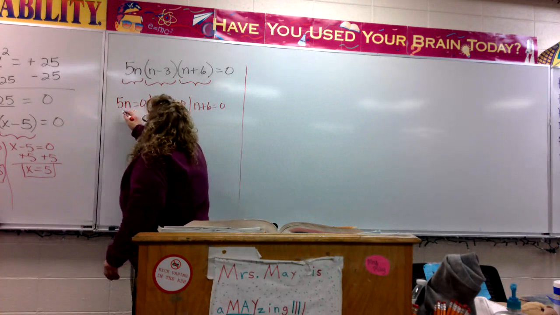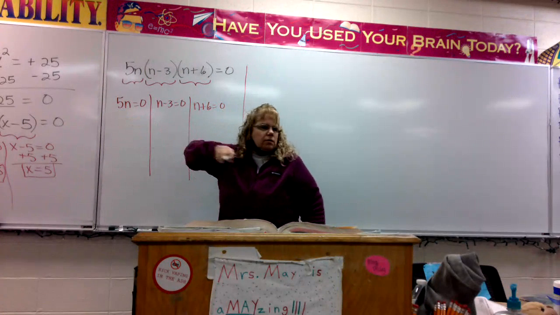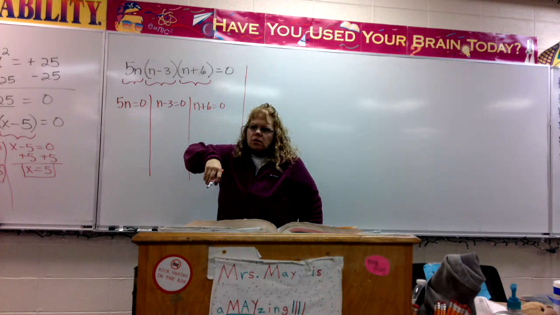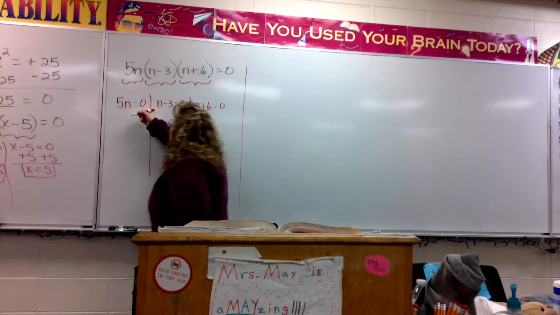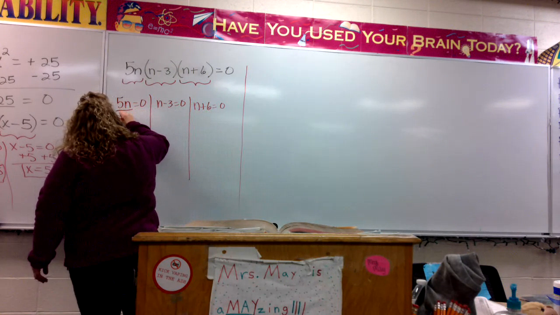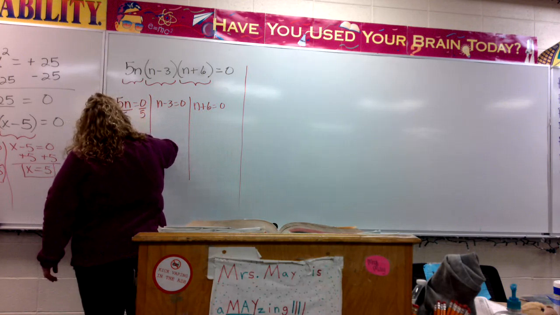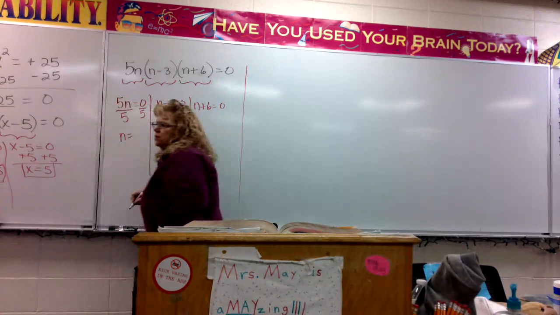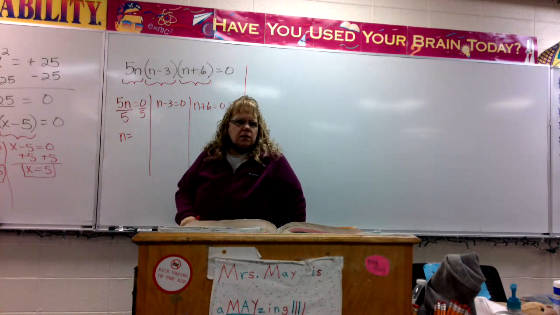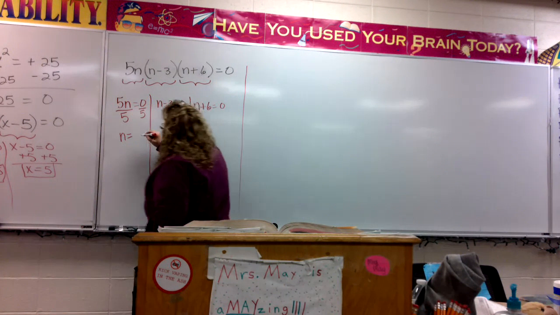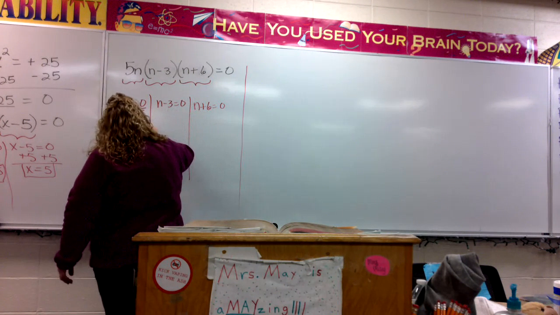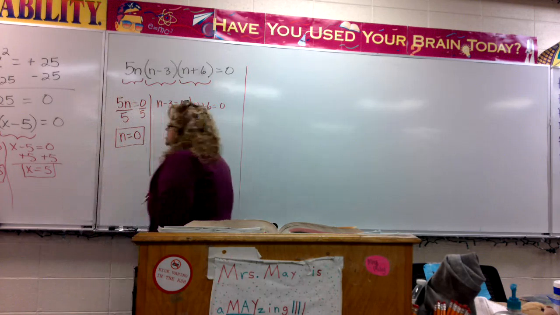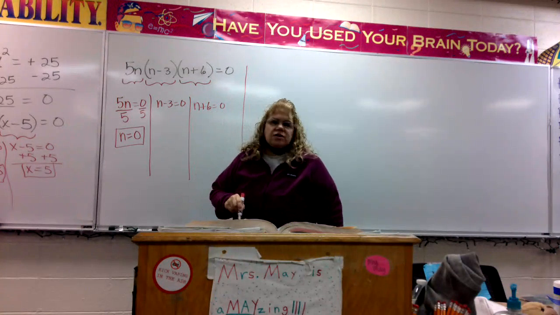What do you do to solve this? Right, good, yes, you divide by 5. So what does n equal? 0. N equals 0. That's a possible solution. N equals 0. That's a solution now.